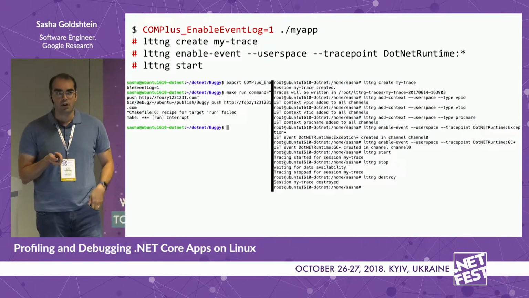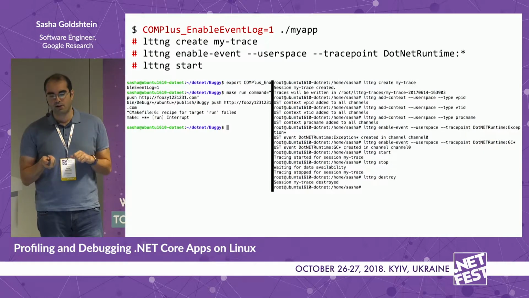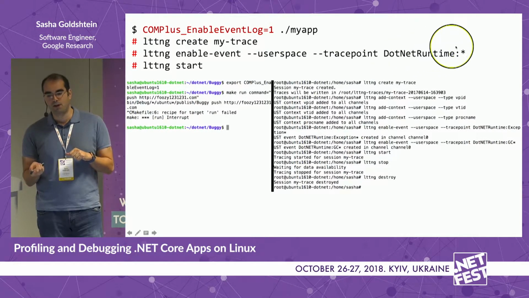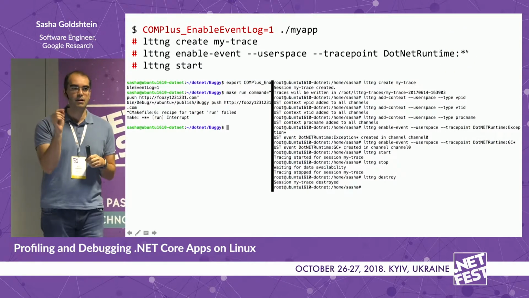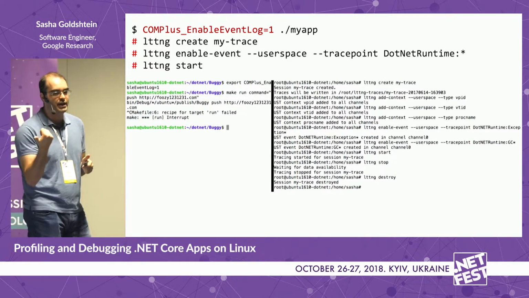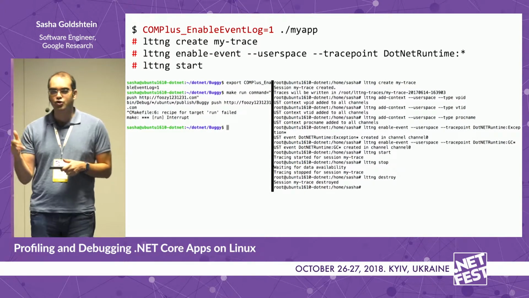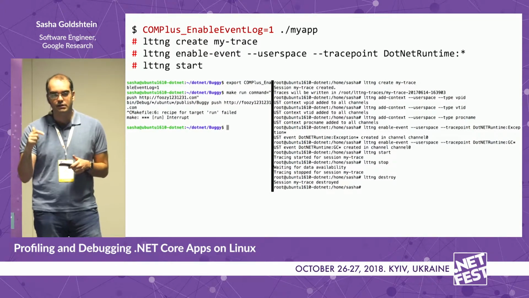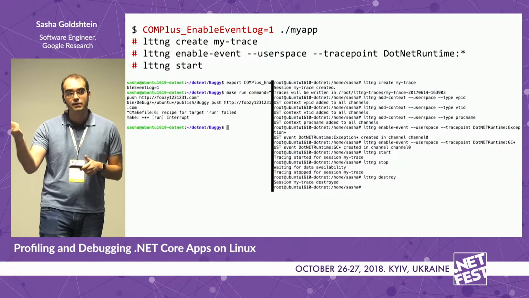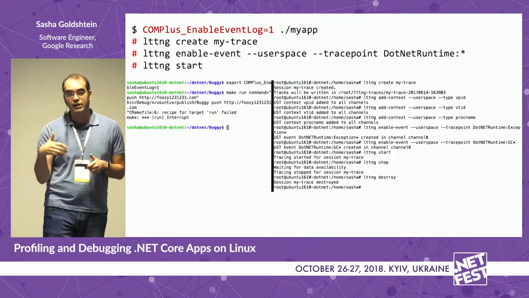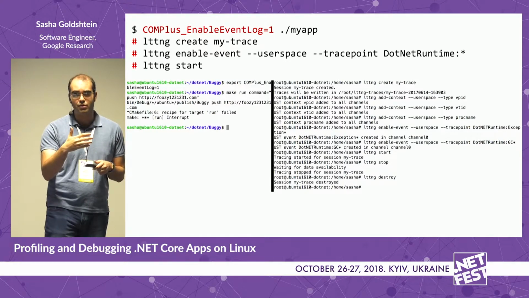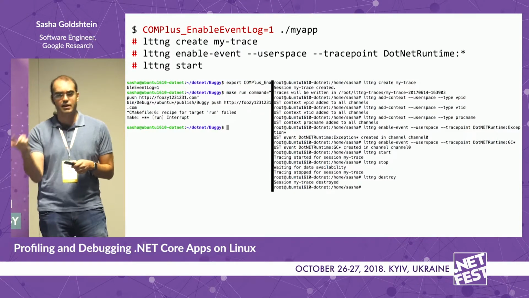Specifically, all the .NET events are under this .NET runtime provider, and you can specify specific things here instead of the asterisk. For example, garbage collection started and ended, JIT compilation started, ended, new thread was created, a thread was destroyed, a thread pool thread was created or destroyed, an assembly was loaded, unloaded.